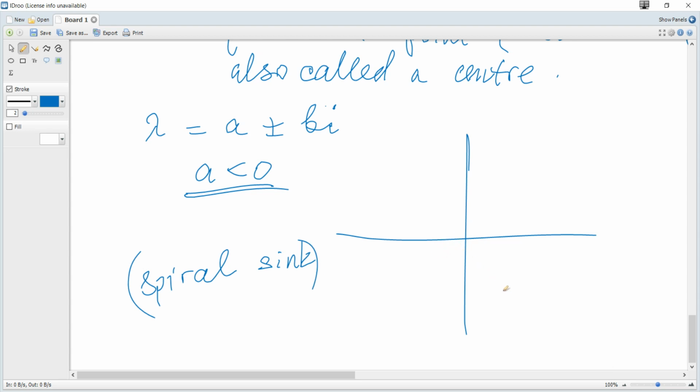So it looks like this. And again, you can find out whether it is in a clockwise or anti-clockwise direction. You also need dy over dt, dx over dt, dy over dx, or something like that. Anyway, arrows are always to the origin because it's a stable system.